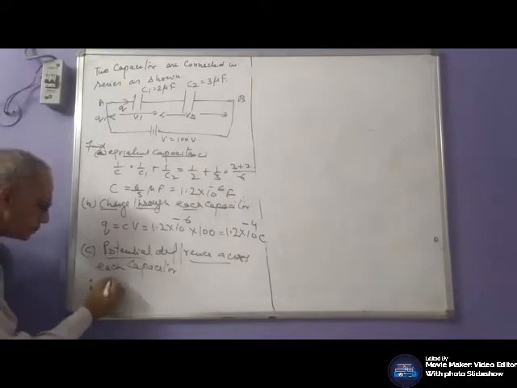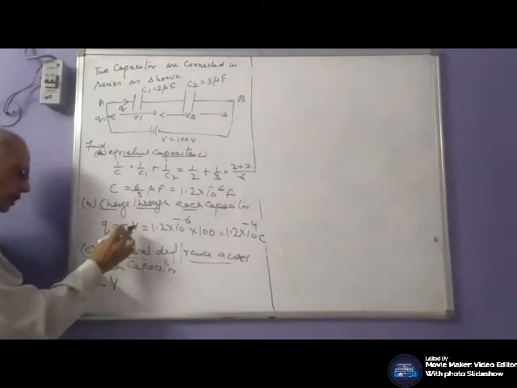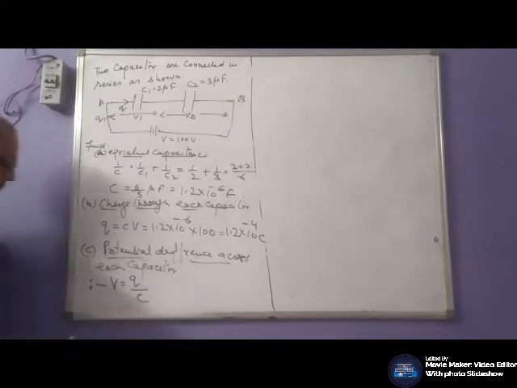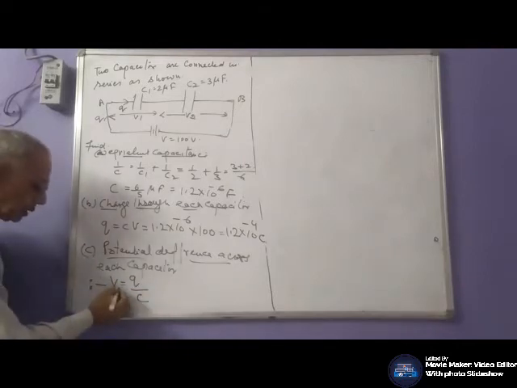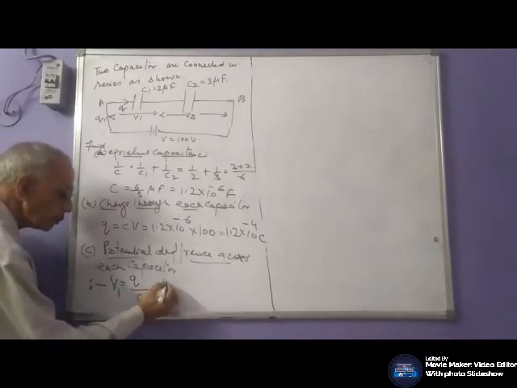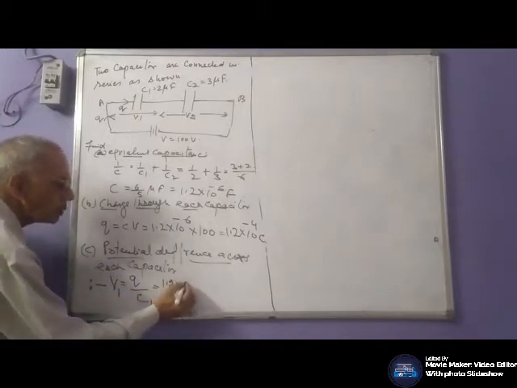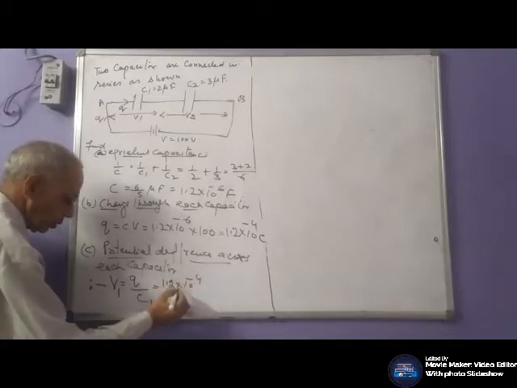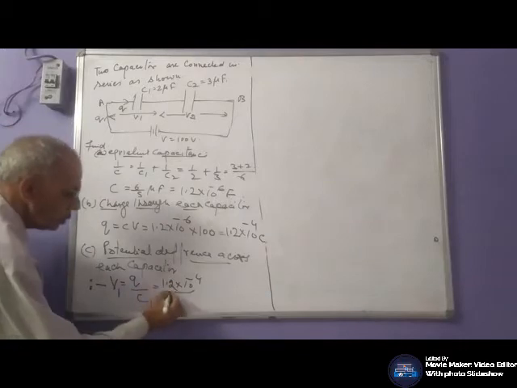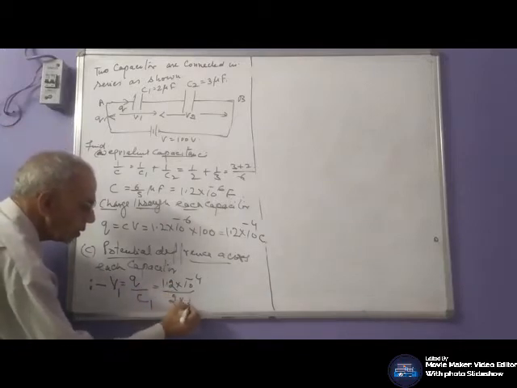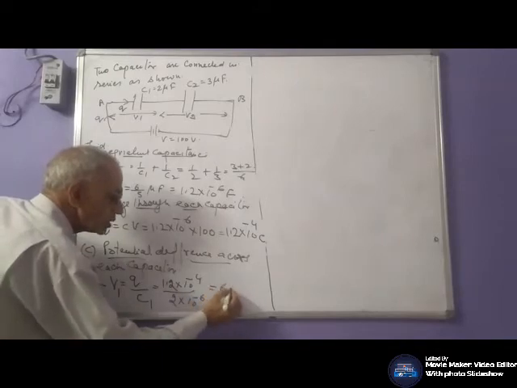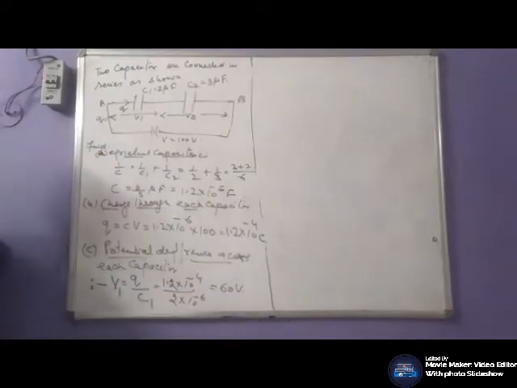V equals Q by C. V1 equals Q by C1, Q same, 1.2 times 10 to the minus 4 over C1, 2 times 10 to the minus 6. It is 60 volt.